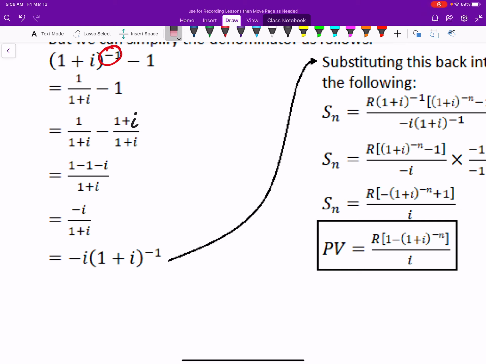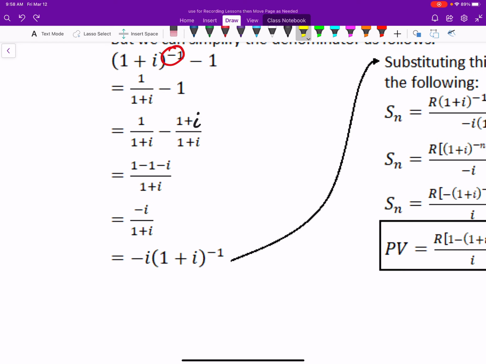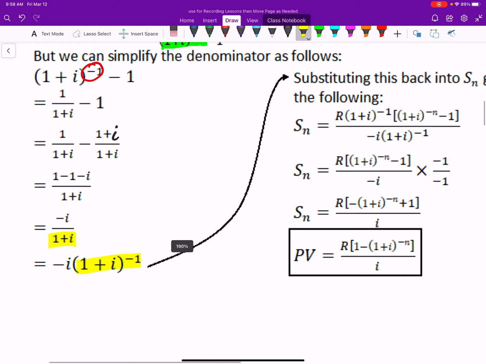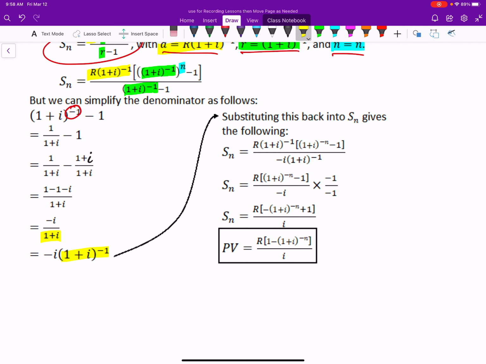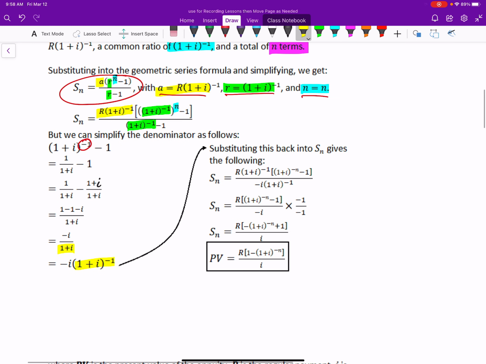And then I can rewrite it as a power. These two things are equivalent again. I can just take this denominator, 1 plus i, and write it as (1 plus i) to the negative 1 to put it all in one line again. And so then I can substitute that back in to the formula for S sub n.